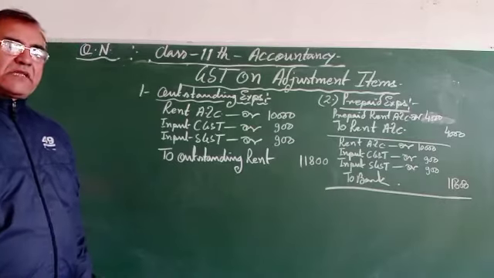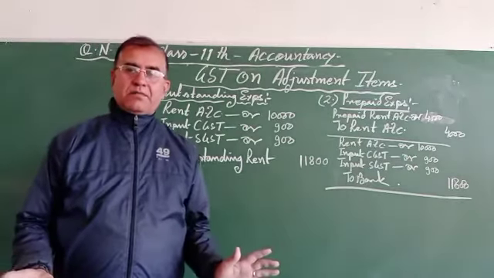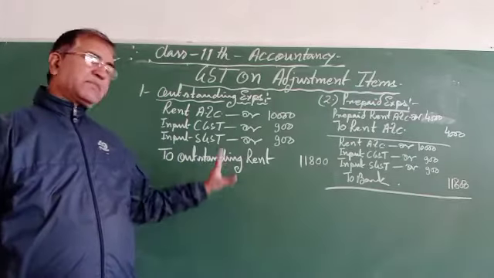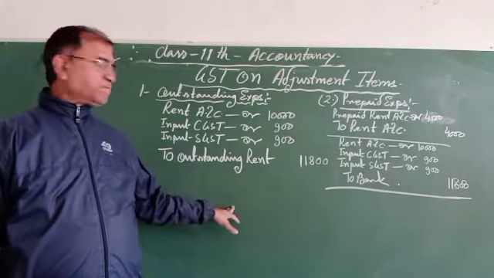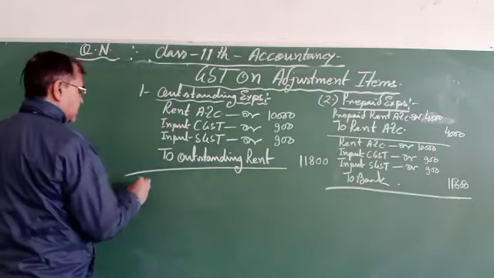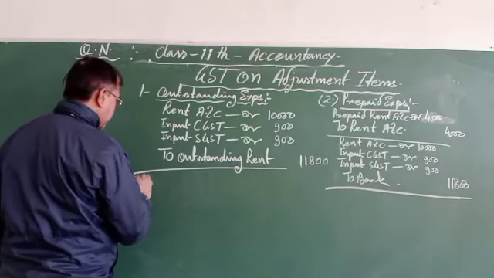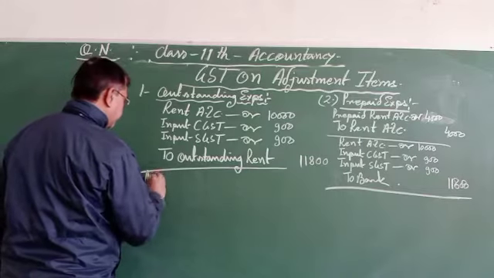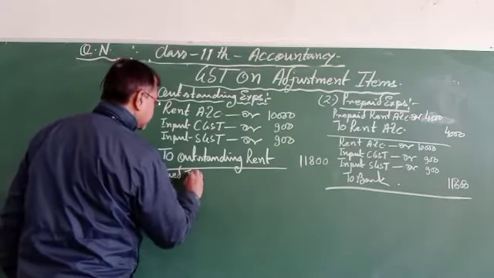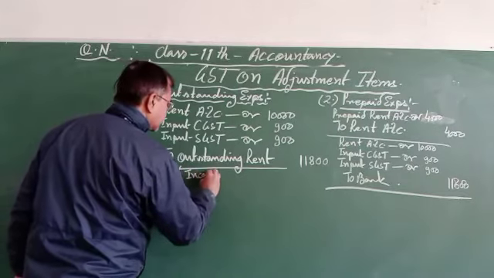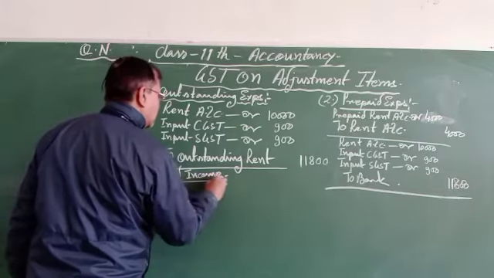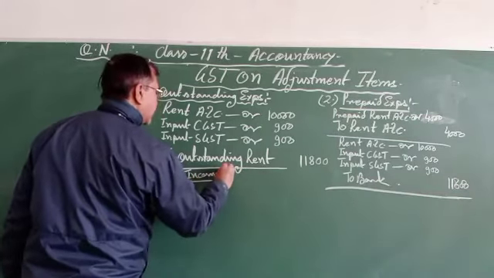Accrued income, the income earned but not received. That is the income of the particular assessment year, but not received. That is called accrued income.